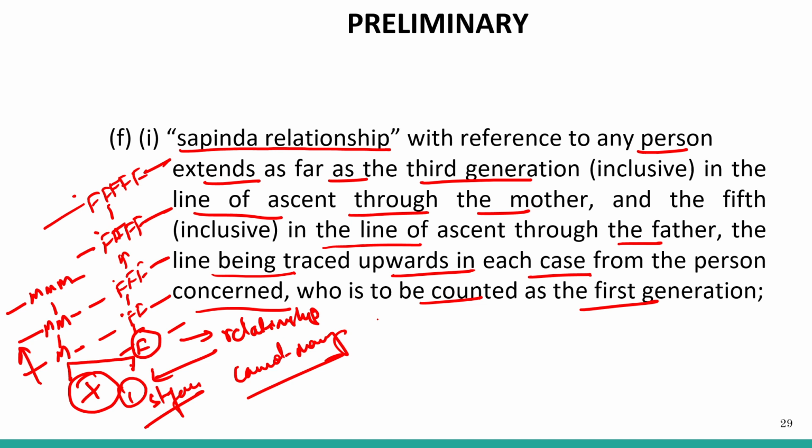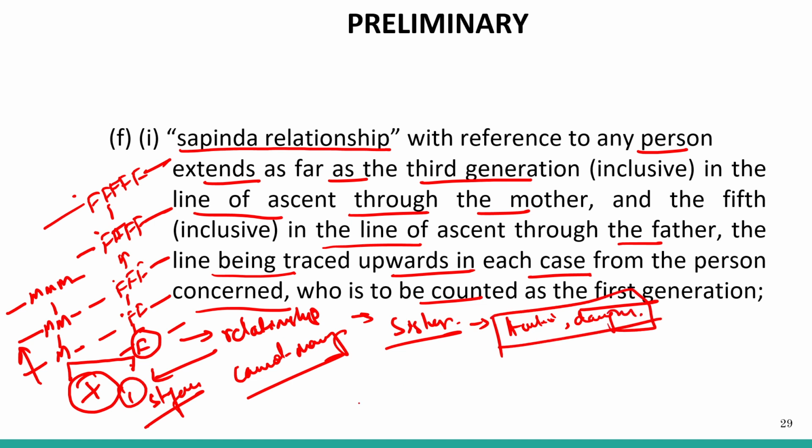For example, if your father has a sister, you cannot marry your aunt. In the same way, you cannot marry your aunt's daughter.